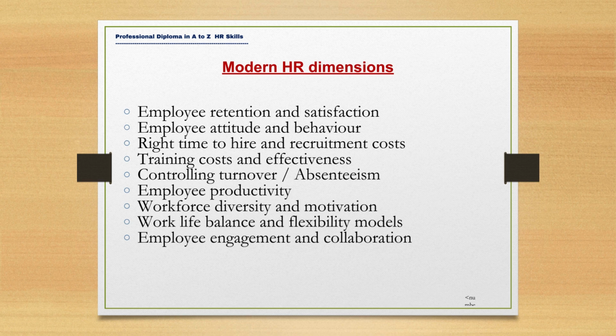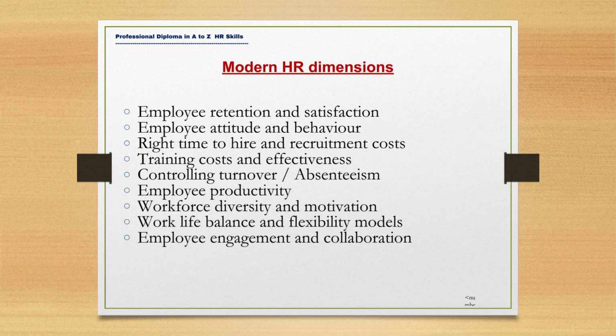When you say employee engagement and collaboration, they feel connected, they feel part of the company, they feel they are in safe hands, in good hands in the company, that they are being taken care of, they are being known, they are being heard, they are contributing, so that they love to be part of that company. So employee engagement and collaboration is another thing we have to work on.